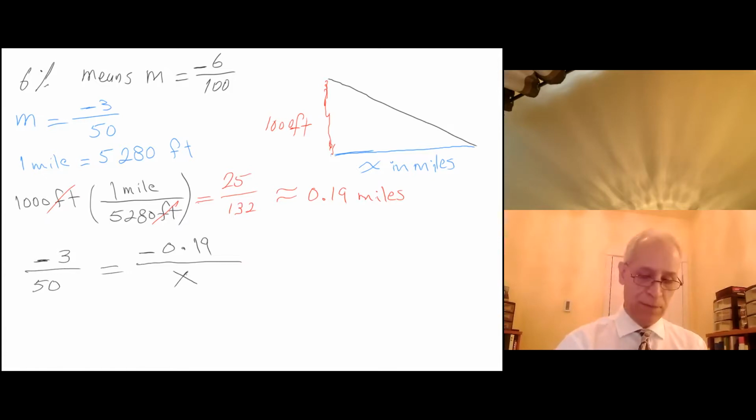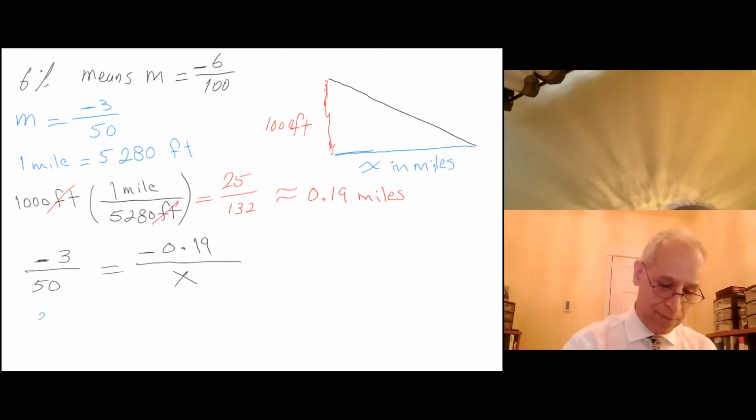And now I can use cross multiplication. I can say that -3x equals 50 times 0.19.